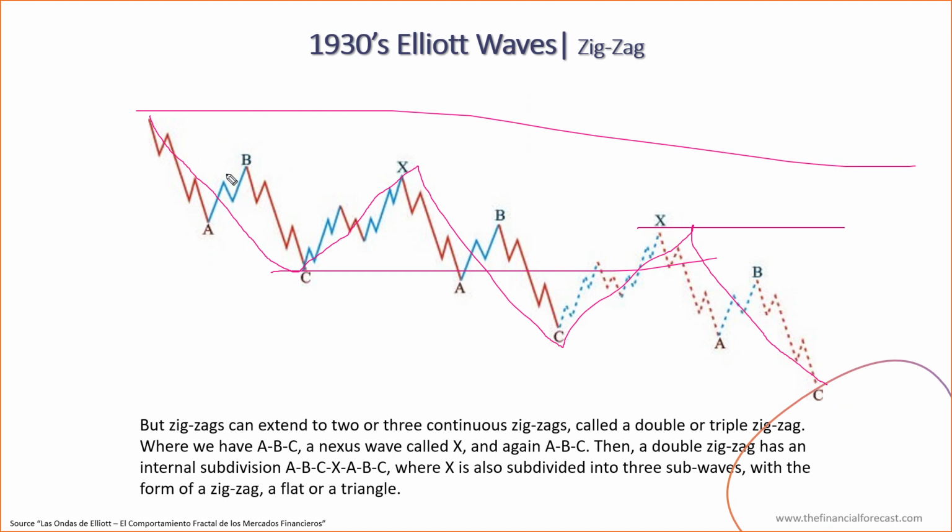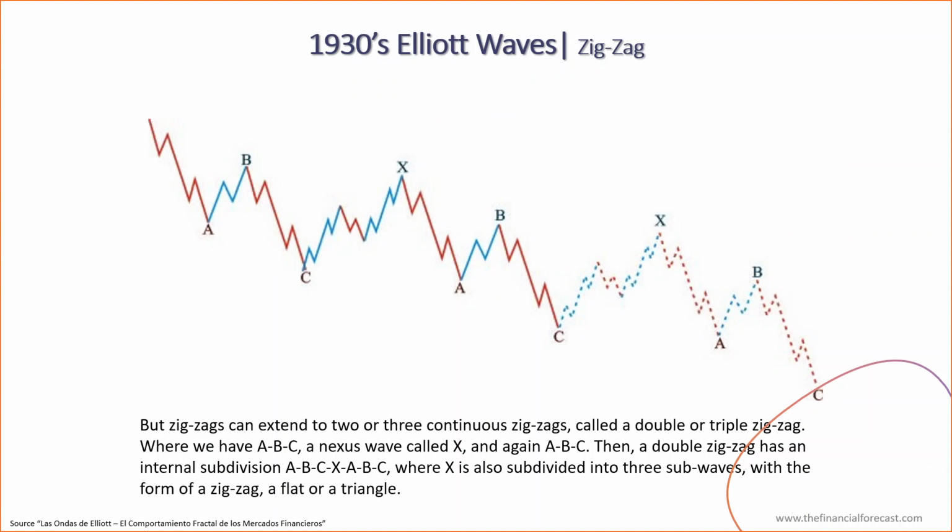But the internal subdivision is in 3 waves. That's why we call this a triple zigzag. The zigzag is the most important pattern that you will find in the different instruments in all financial markets. This is key, and we will see later why. But he also described this 3-wave pattern, and its extension, to create something similar to the 5 waves we saw before.